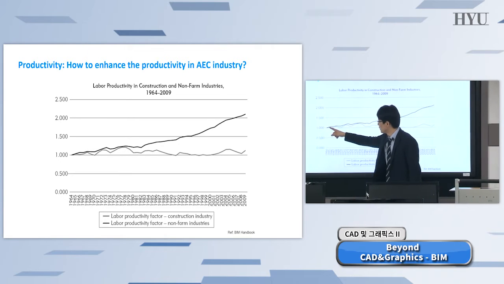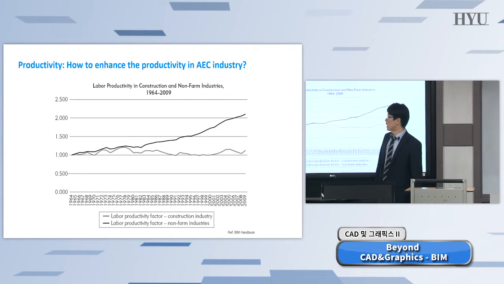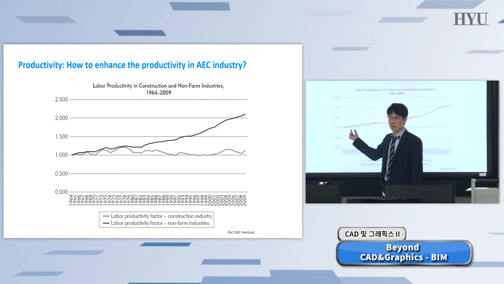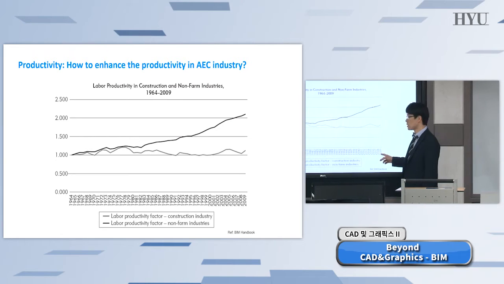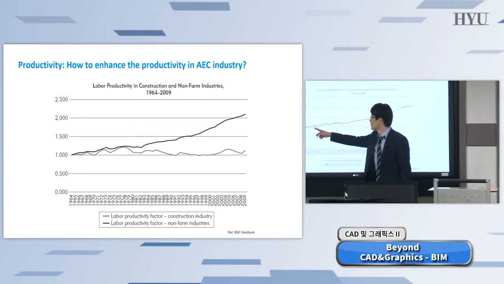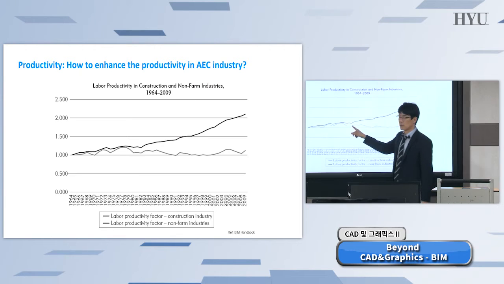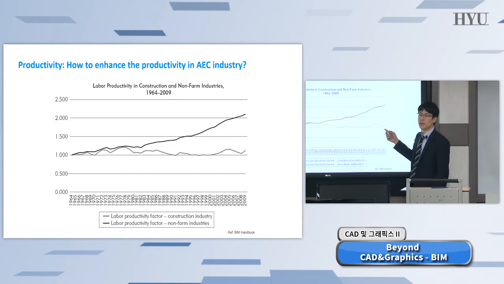Their productivity is rising, doubled, okay? Which means by spending the same money, they can now, in 2009 according to their record, produce double the products compared with 1964, simply say. But take a look at the construction industry in the gray line. Nothing changed, okay? No productivity enhanced.